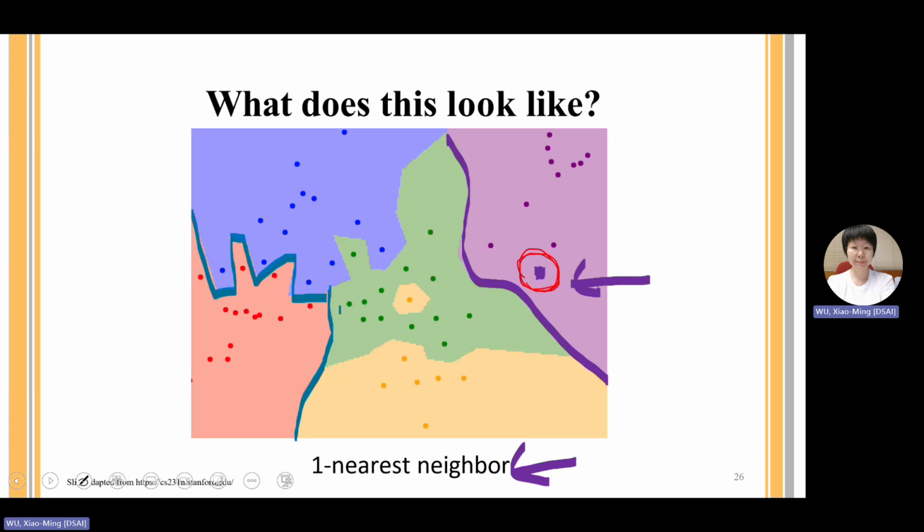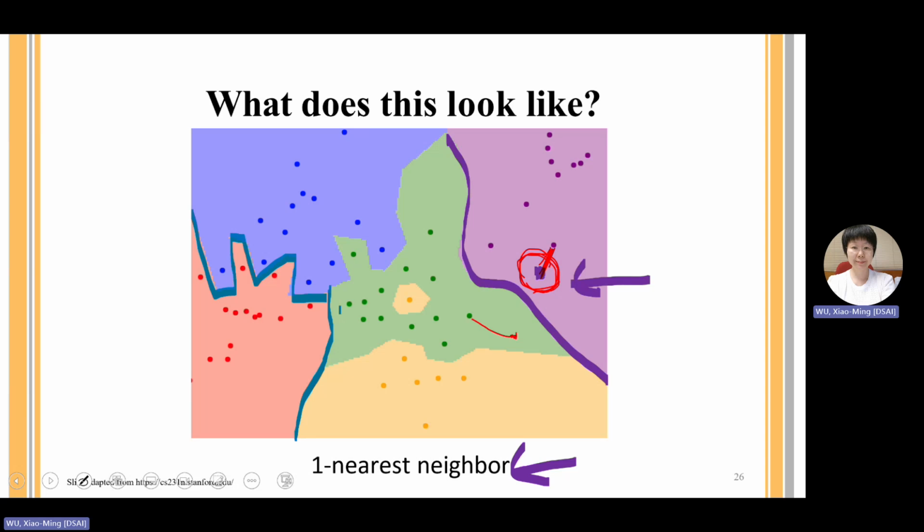This point will be classified as the purple class because its nearest neighbor belongs to the purple class. And similarly, this point will be classified as the green class because its nearest neighbor belongs to the green class.